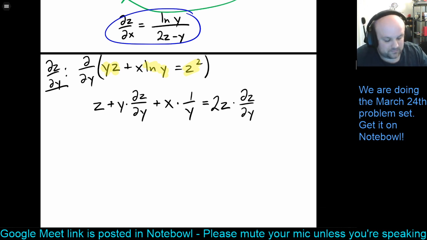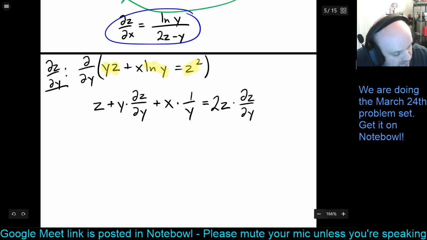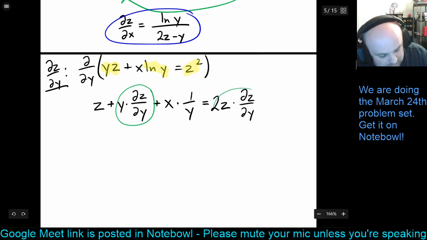Right? And now, again, it comes down to the exact same thing as before. So I want to be able to solve for dz dy.